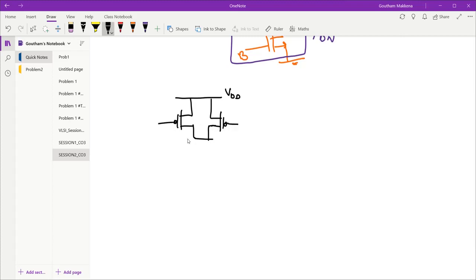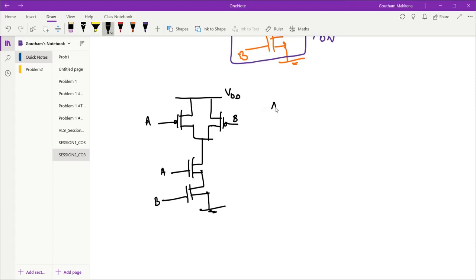So these are my PMOSs and these are my NMOS. What gate is this implementing? From the looks it is very clear it is a two-input gate.